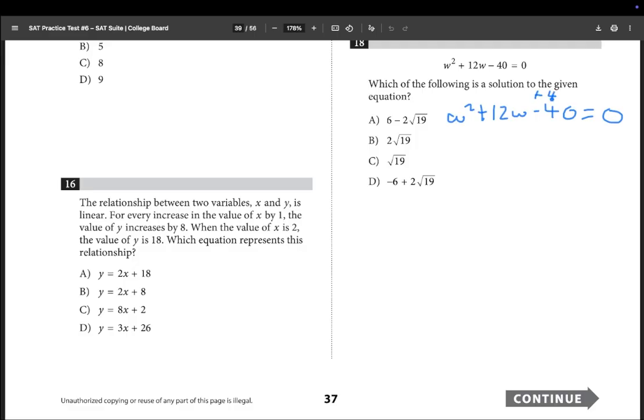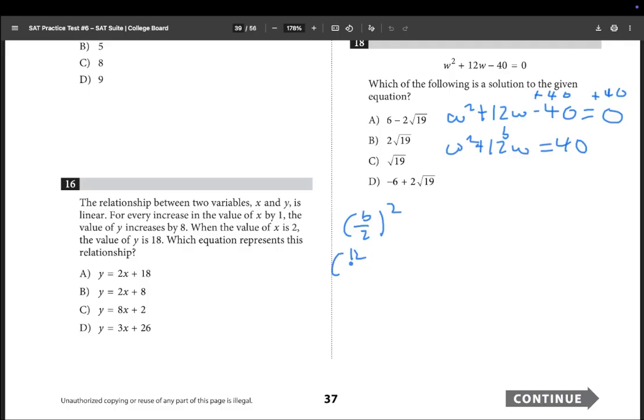Or you could use the quadratic formula, but completing the square is much faster in my opinion. So we're going to add 40 to both sides, as you just want w squared plus 12w on the left side. So w squared plus 12w equals 40. And to complete the square, we do b divided by 2, and then square it. Our b value is 12.